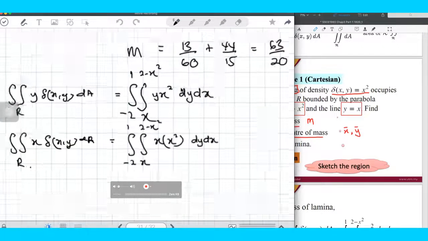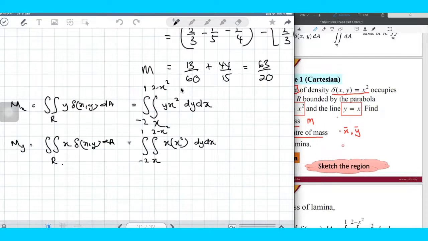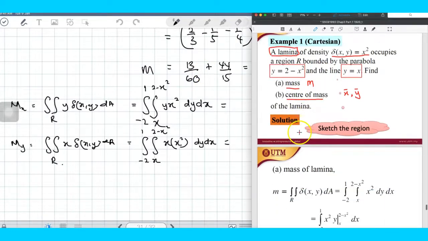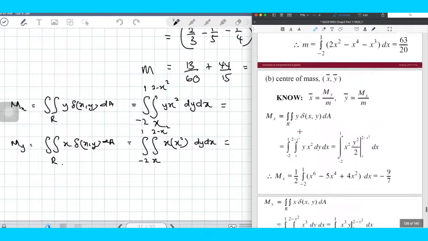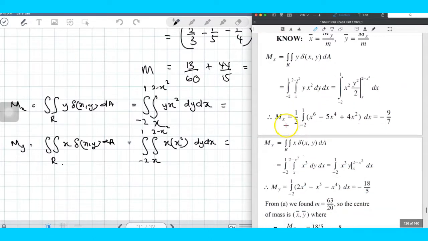For your practice, I am not going to solve this for you, because this is a double integral and you have to compute it yourself. Please try yourself; the answer is given, so please compare your answer with the given one.